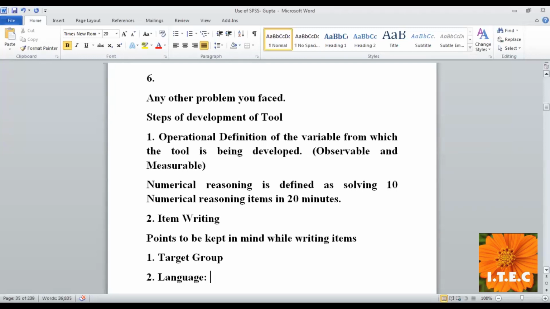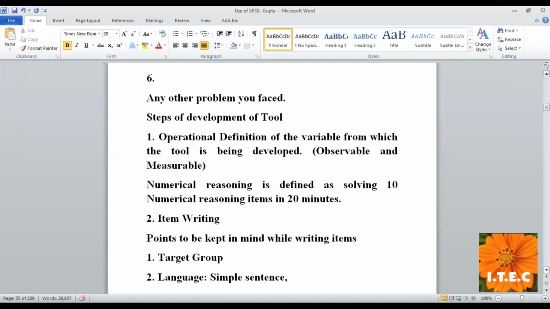Then you have to write simple sentences or simple items. You cannot write complex ones. I have seen many people write very, very complex sentences. So please do not write complex sentences.